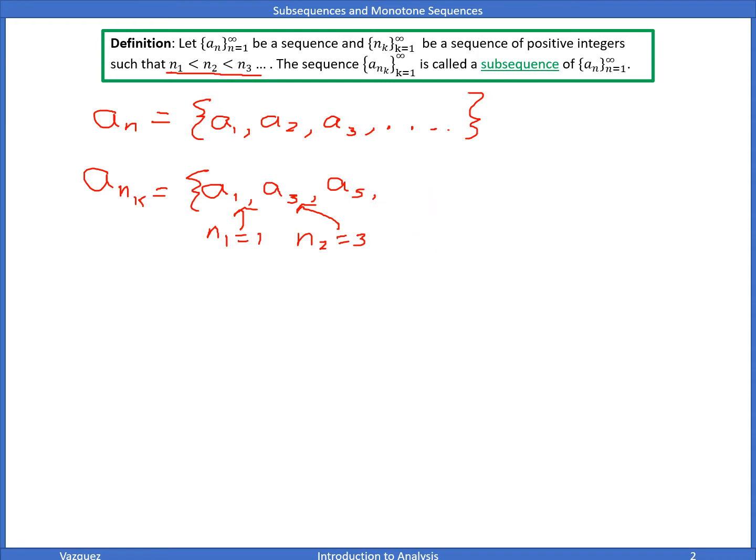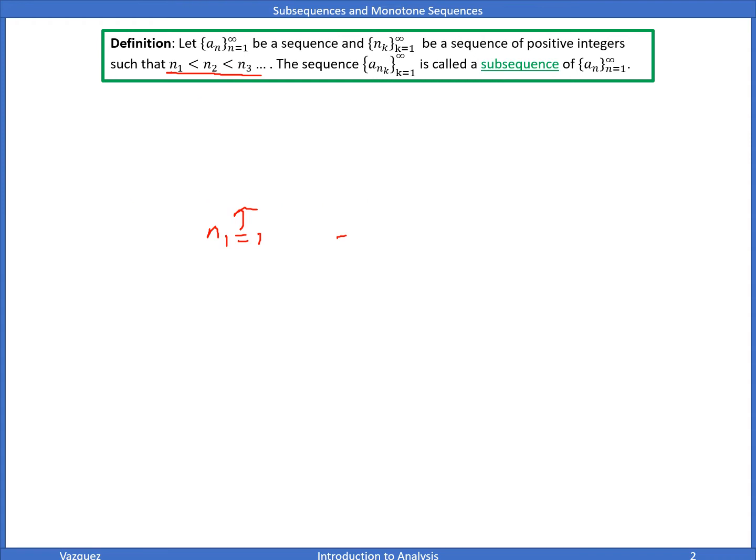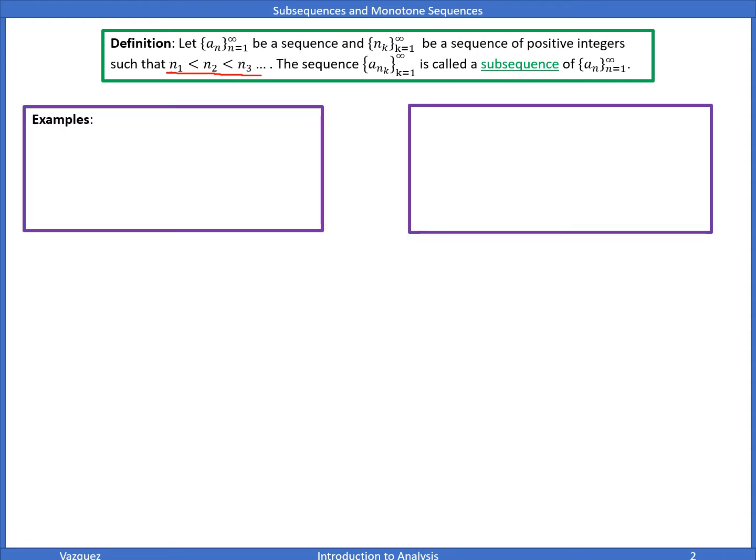Okay, so just to take a look at some examples, we're going to take a look at some sequences we've already seen before. So the first example is 1 over n. We know exactly how that looks. And a subsequence of that would be 1 over k squared.